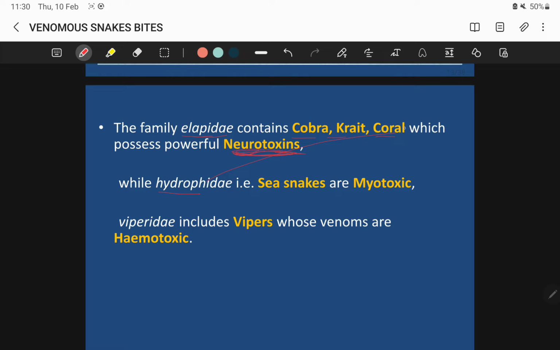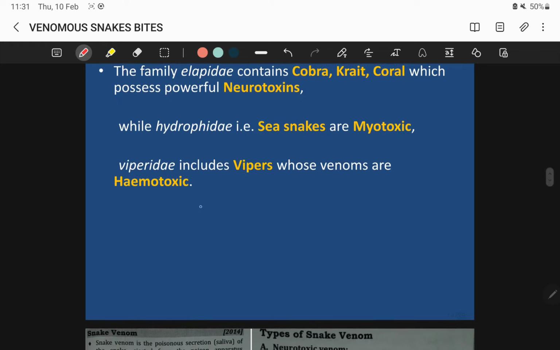So venoms are always categorized into neurotoxin, myotoxin, and hemotoxin, right? Neurotoxin: cobra, krait, and coral. Myotoxin: sea snake. And hemotoxin: viper, right? This is a very important fact to know, so please note it down if you are reading.